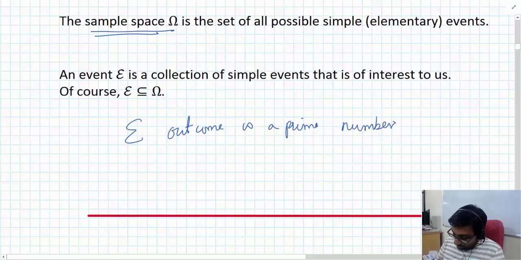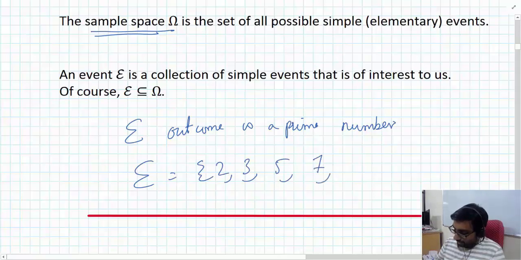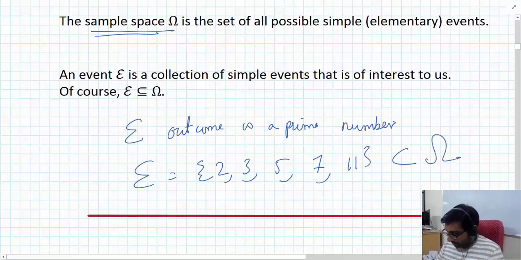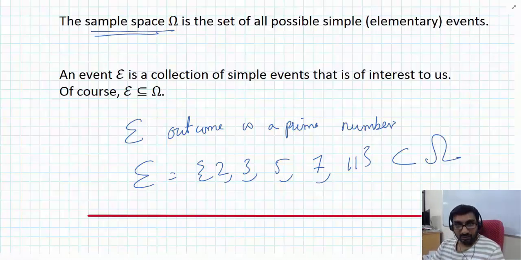And so this E is now either 2, 3, 5, 7, or 11. And of course, this is a subset of the sample space. Okay. And these events are useful because now we have the freedom to define these events, and we can define them appropriate to the context in which we are interested.